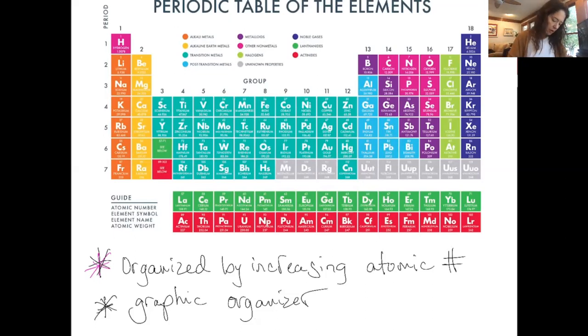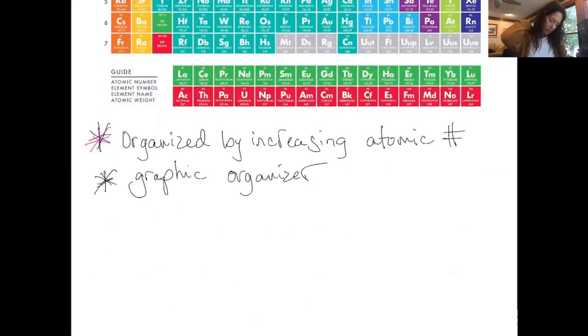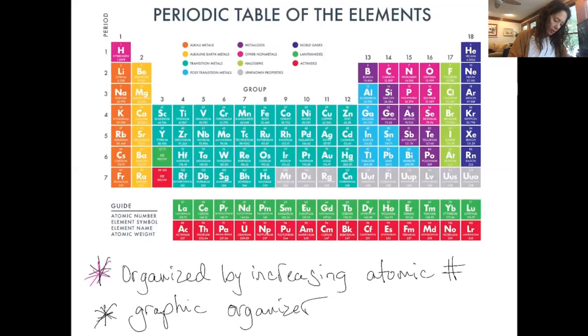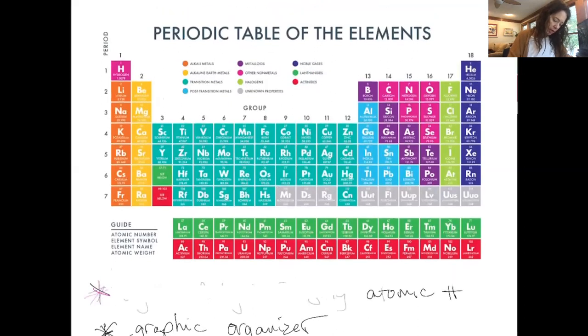Oops, I have a mistake there. Okay. It's a huge graphic organizer. Okay. So I'm going to erase that so that I can continue to focus on the periodic table.